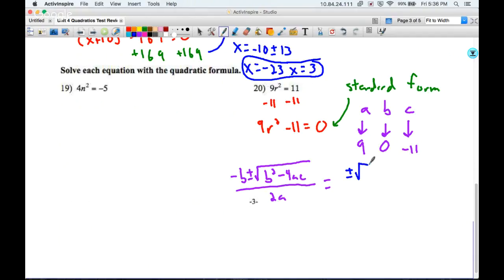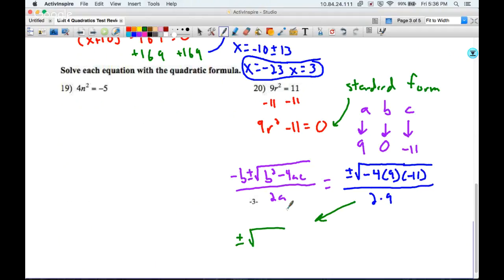Plus or minus the square root, 0 squared is 0, minus 4 times 9 times negative 11, all over 2 times 9. This becomes plus or minus the square root.